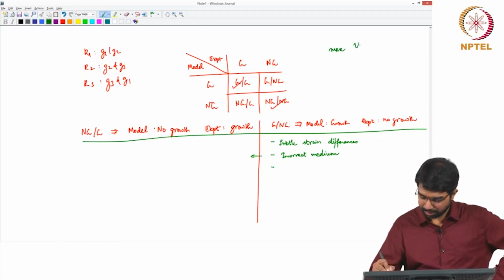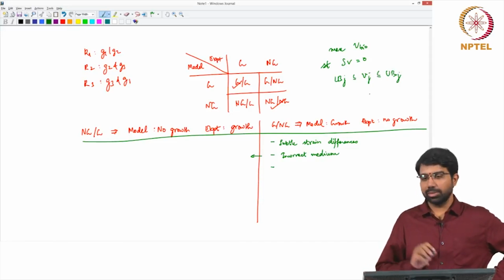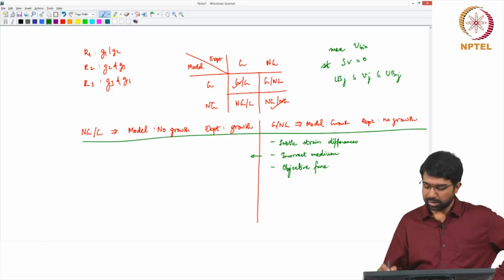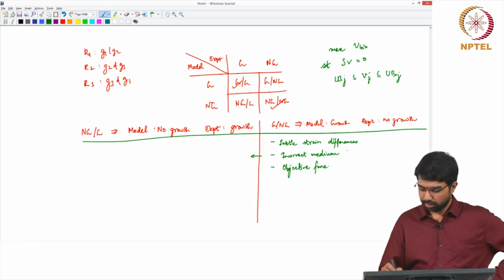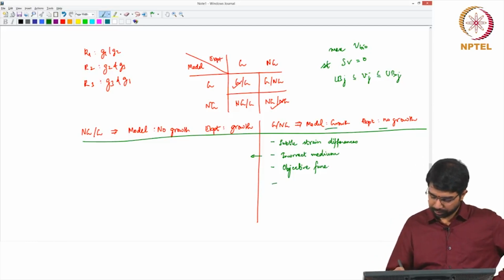Max v by O such that Sv equals 0 and some bounds. Each of these could be wrong. You could have some problem with the objective function. Maybe it does not account for an important metabolite that needs to be produced, so the model seems to grow, whereas in real life it does not grow.